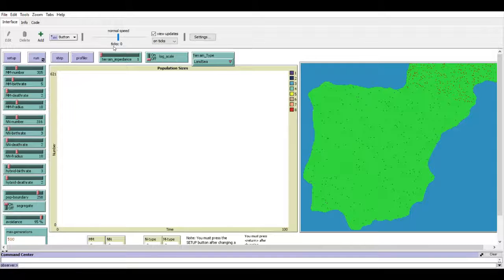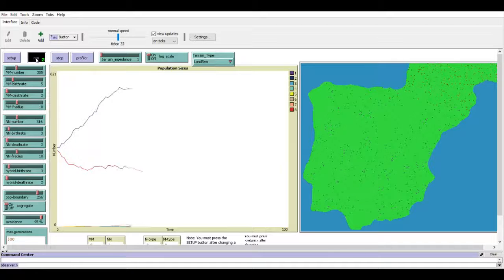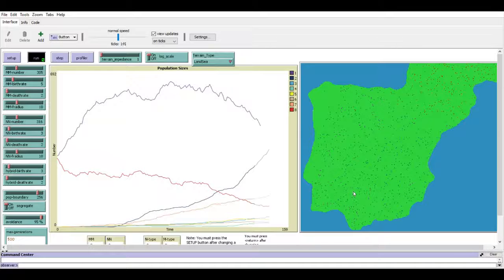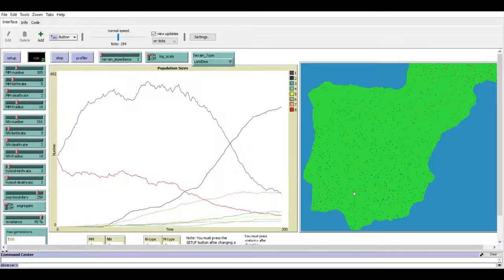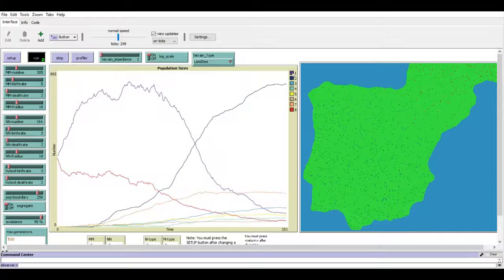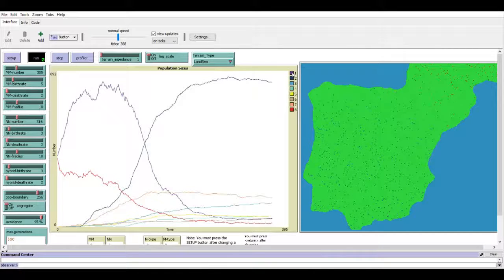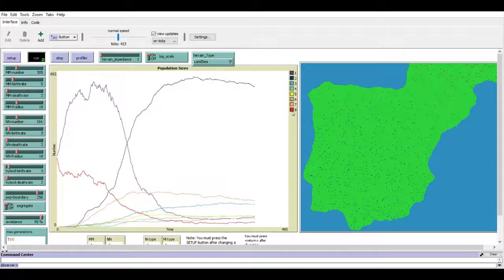And this is the model. We see that anatomically modern humans diffuse into Iberia, and as this happens, the agents start to mix. Initially, we have Neanderthals represented by 1, and anatomically modern humans represented by an 8.